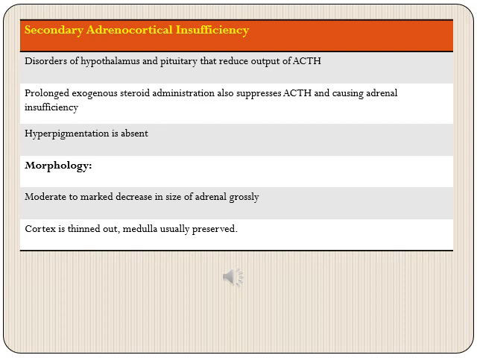Morphologically, the adrenals will be moderately to markedly decreased in size. The cortex will be thinned out, but the medulla will be preserved because that is not the site of production of the hormones which are involved in development of secondary adrenocortical insufficiency.